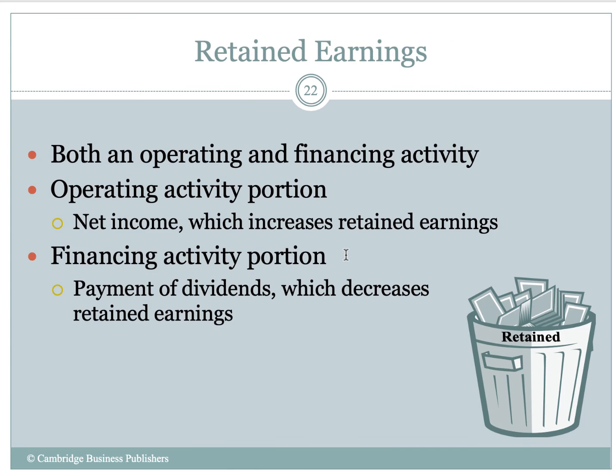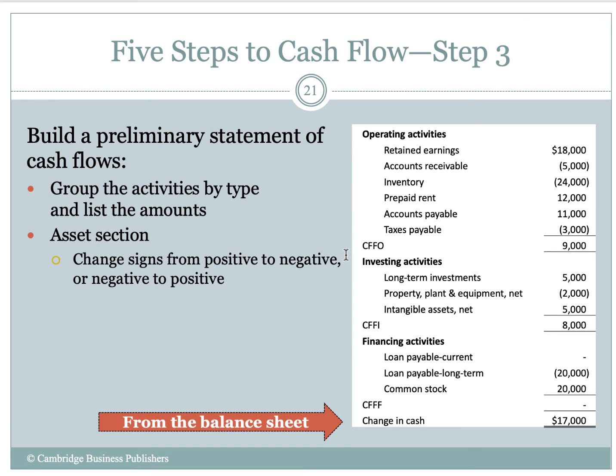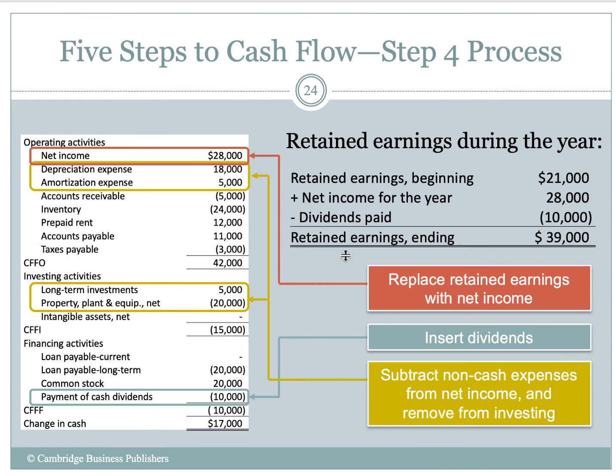Notice they have a preliminary step. Let's go back. It starts with retained earnings and then factors in all the changes in operating assets and operating liabilities. It's easier if we really just start from step 4. Step 4 says start with your net income, add back any non-cash expenses.